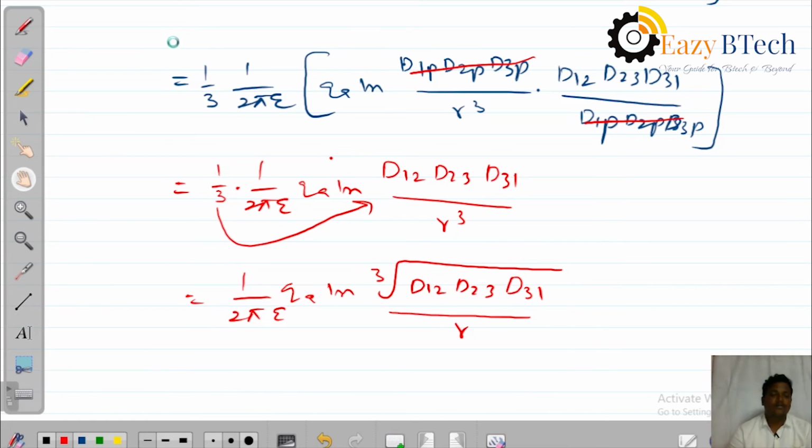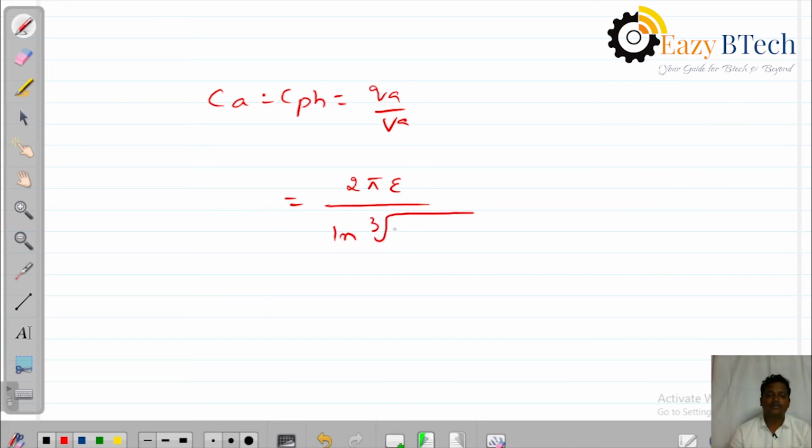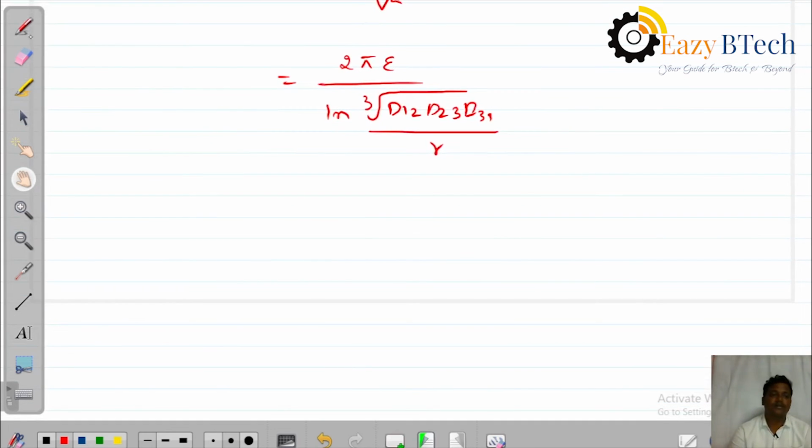Now if you calculate the capacitance CA or C phase for the unsymmetrical case, it is QA by VA. Substitute VA here, you can get 2 pi epsilon divided by ln third root of (D12 D23 D31) divided by R. Now substitute epsilon equal to 1 by 36 pi into 10 power minus 9.